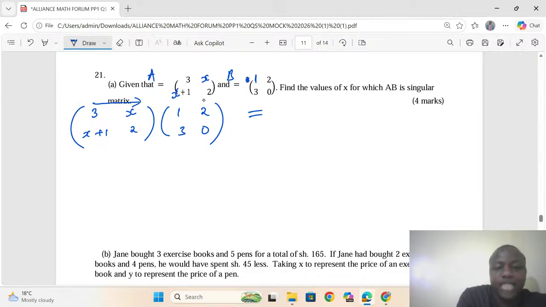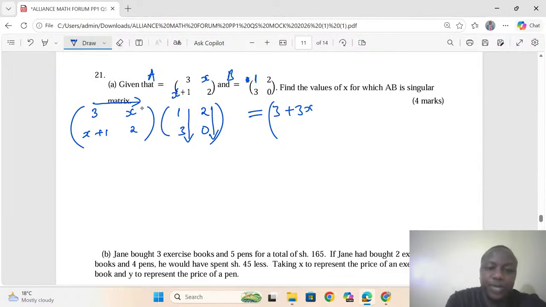Row times column: 3 by 1 and x by 3. 3 times 1 is 3 and x by 3 is 3x, so 3 plus 3x is the first element. Next, row times the next column: 3 by 2 and x by 0. We get 6, since x by 0 just becomes 0.